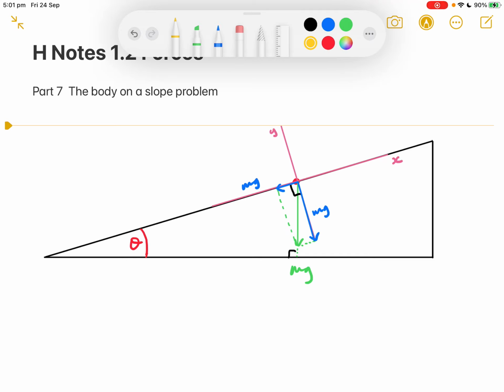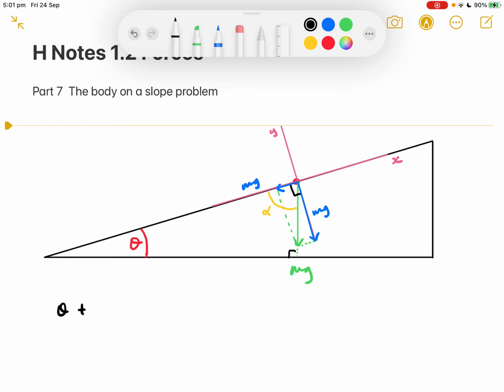Well, here's what we're going to do. If you look at the triangle with theta on the left, and then the vertical mg line going up, I'm going to call this angle in here alpha.